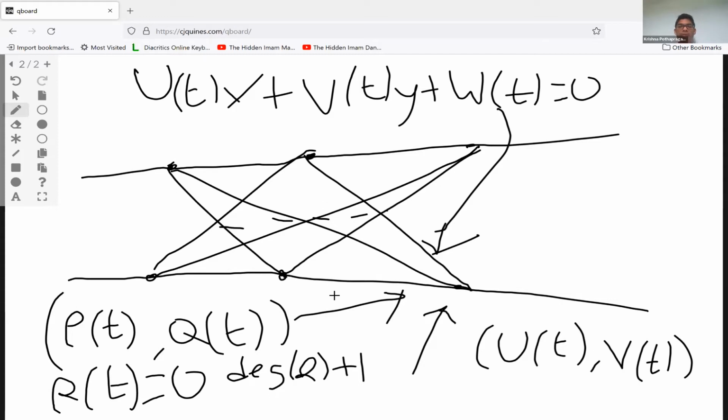So instead of actually calculating all of these polynomials, what we're going to do is come up with a few shortcuts to calculate the degrees of the polynomials instead. For any point, we're going to calculate the maximum degree of the coordinates. For any line, we're going to do the same, the maximum degree of u of t, v of t, w of t.